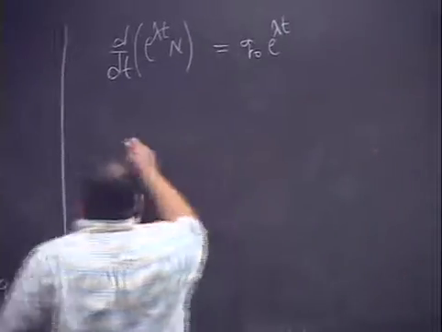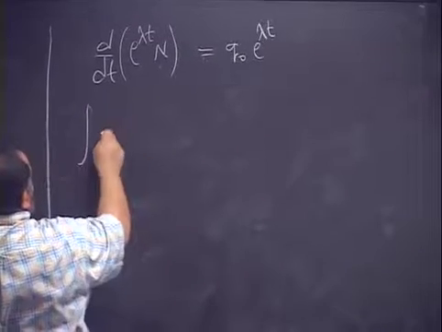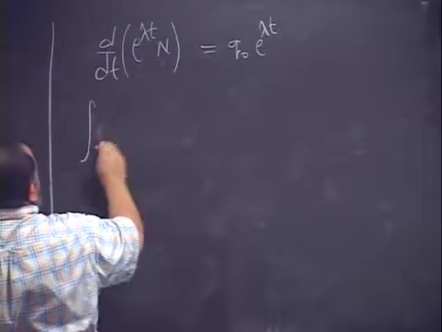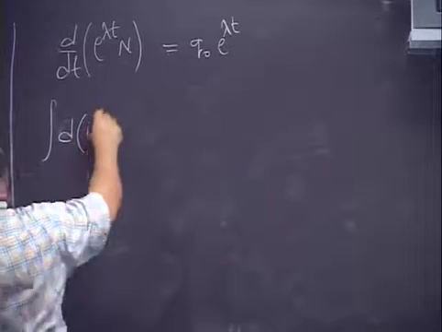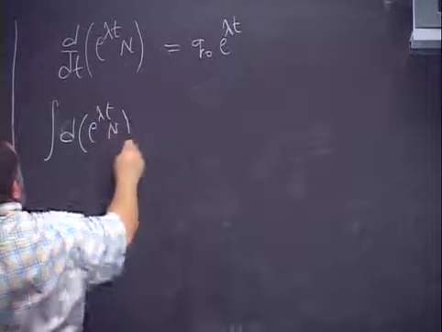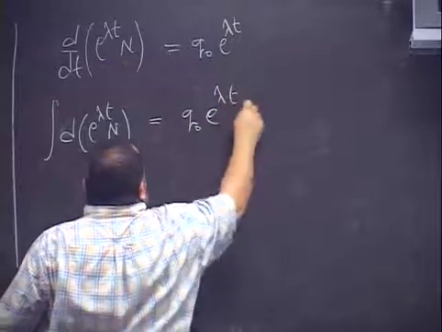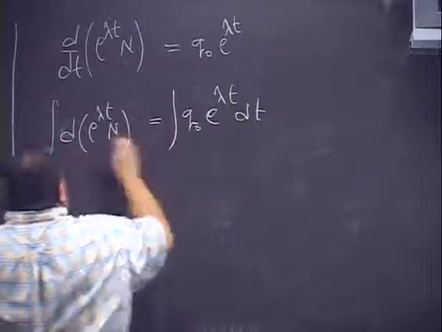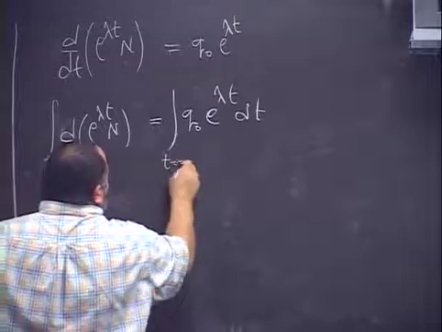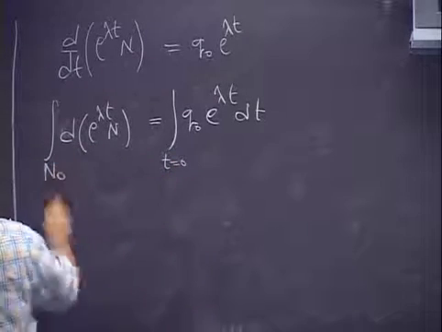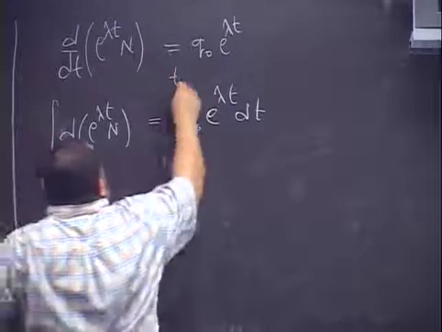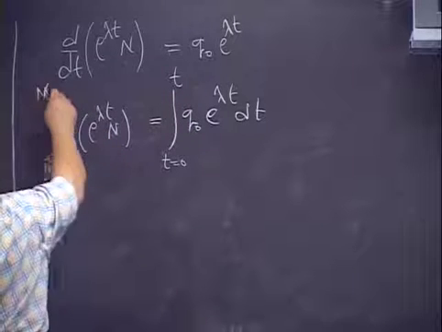So now I can write it as d of e to the power of lambda t multiplied by N equal to Q naught e to the power of lambda t dt. At time t equal to 0, we have the initial number of radionuclei N naught. At time equal to t, we have N of t.